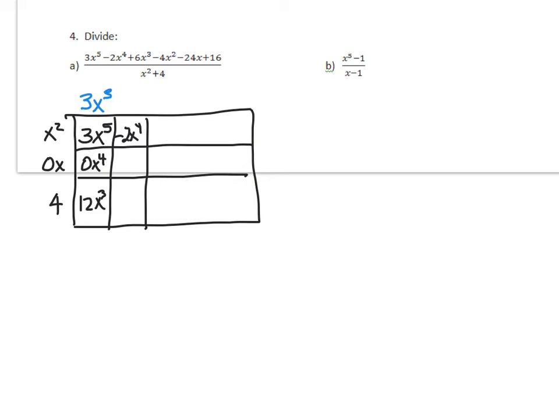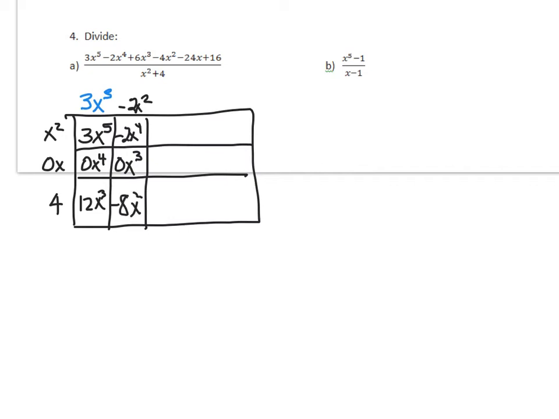What do I have to multiply x squared by to get negative 2x to the 4th? That's going to be negative 2x squared. Go ahead and multiply. So negative 2x squared times x squared is negative 2x to the fourth. Negative 2x squared times 0 is going to be 0x to the third. Negative 2x squared times 4 is negative 8x to the second.